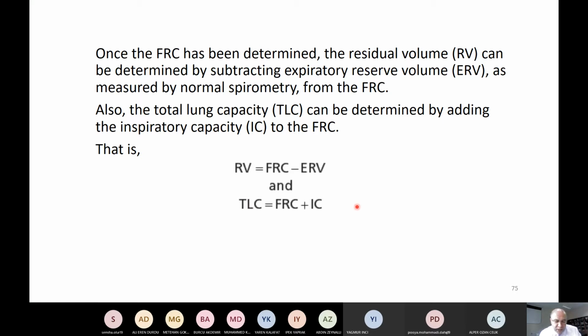Could you follow? Could you understand? Did you understand how to measure functional residual capacity by using the helium dilution method? Do you have any questions about this topic? Did you get how to measure functional residual capacity?